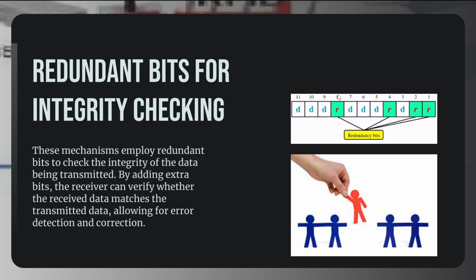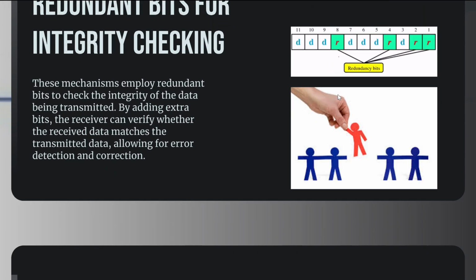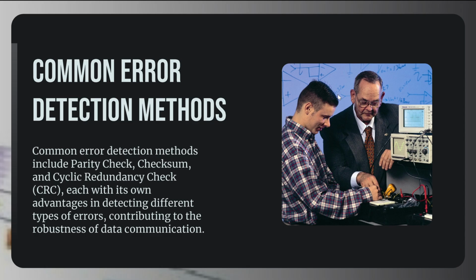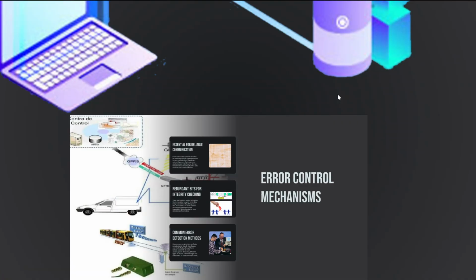These redundant bits are for the receivers to verify that the data received matches the transmitted data, allowing error detection and correction. Common error detection methods include parity check, checksum, cyclic redundancy check, and two-dimensional parity check.